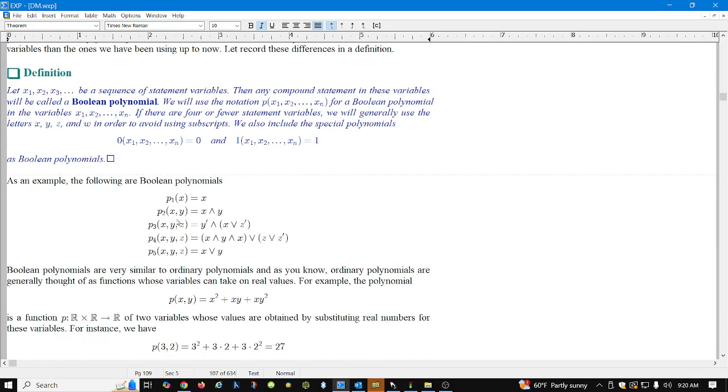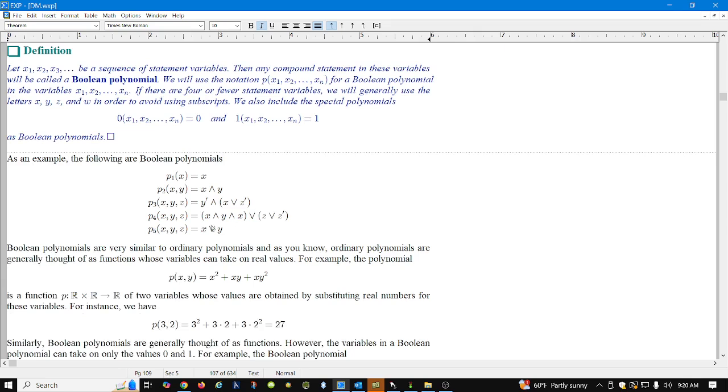So here are some examples of Boolean polynomials. Everything here is pretty straightforward, but you do have to remember to put sufficient parentheses so as to avoid any ambiguity. Actually, Boolean polynomials are quite similar to ordinary polynomials that you would have studied in high school algebra, college algebra, or calculus.